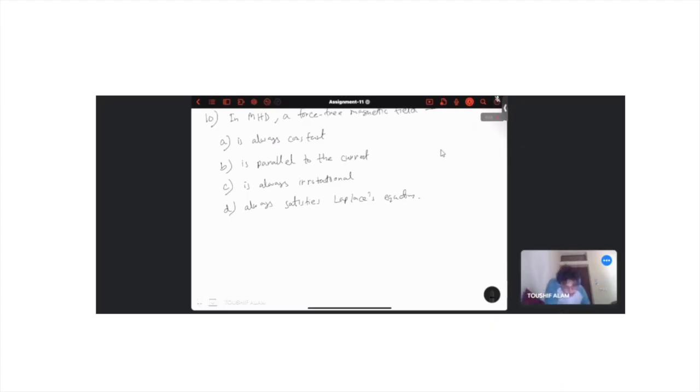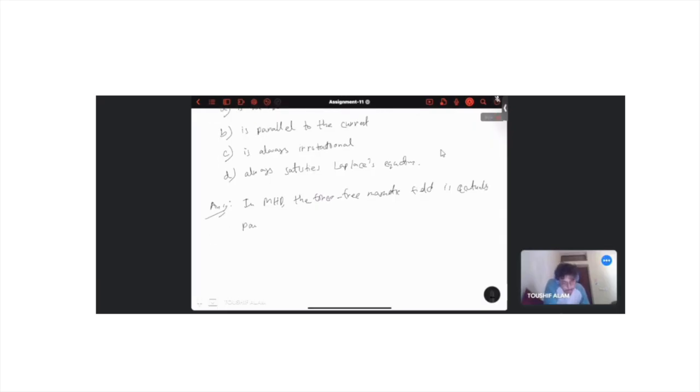Okay, so in MHD, the force-free magnetic field is actually parallel to the current.